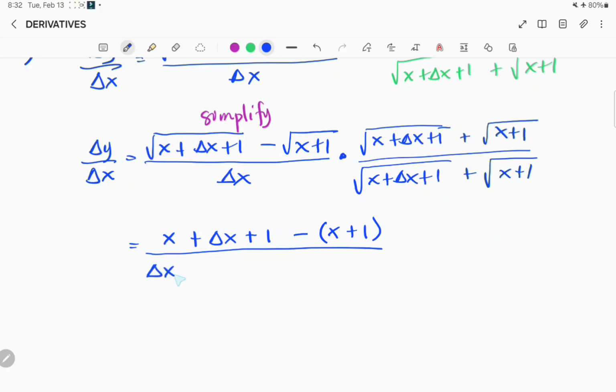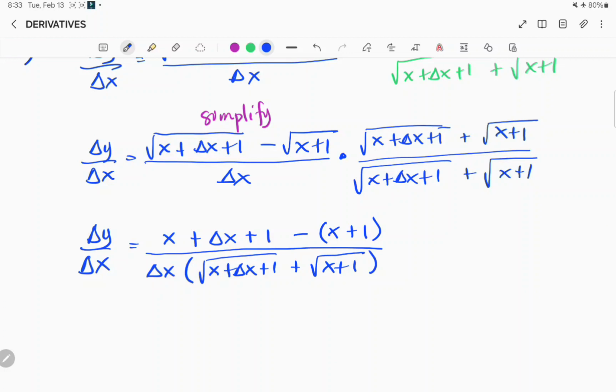So that is change of x times the square root of x plus change of x plus 1 plus the square root of x plus 1. That is equal to the change of y over change of x, also known as the average rate of change.